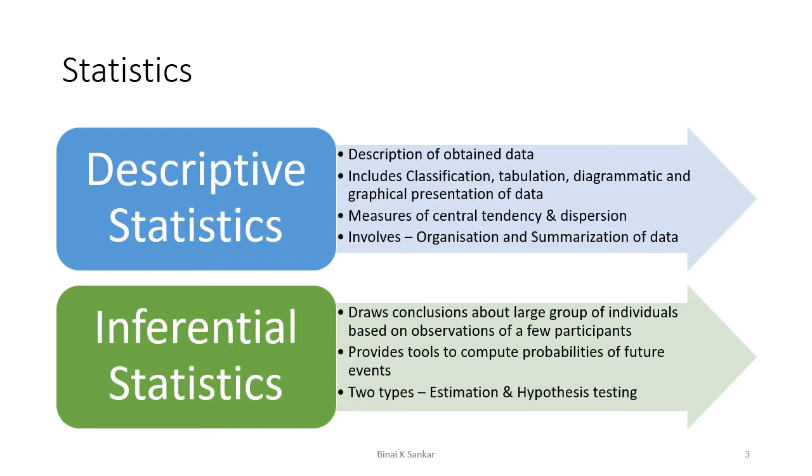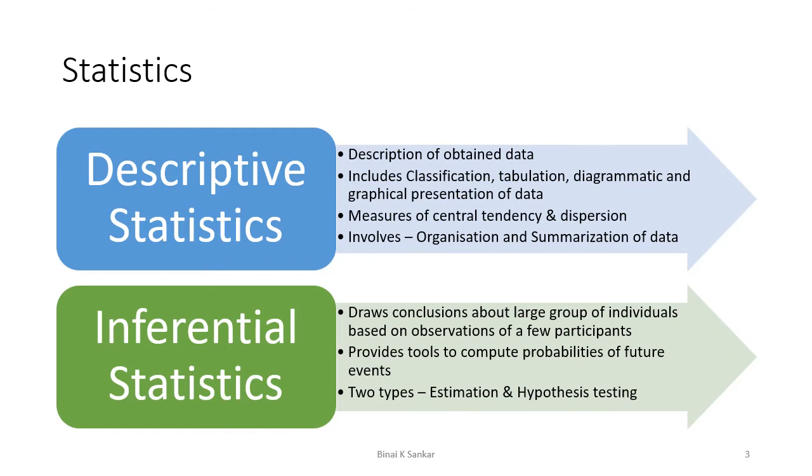That refers to arithmetic mean, geometric mean, standard deviation, standard error of mean, etc. It also involves the organization and summarization of data. This descriptive statistics part has been completed earlier by Dr. Gangapure, and we'll be sticking to the inferential statistics part.